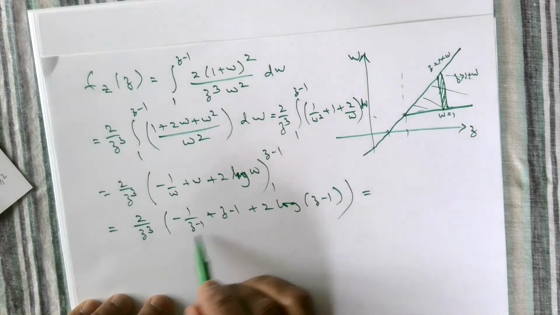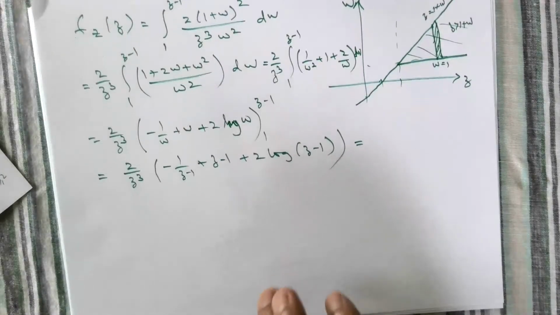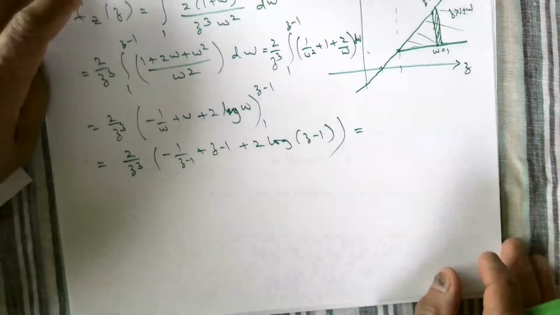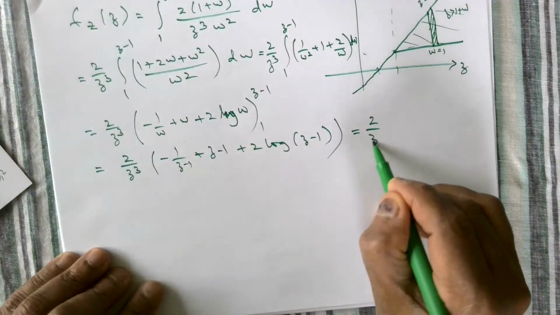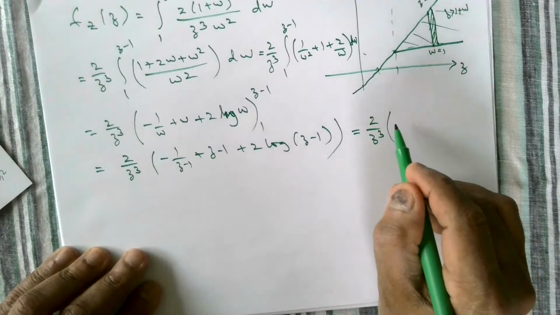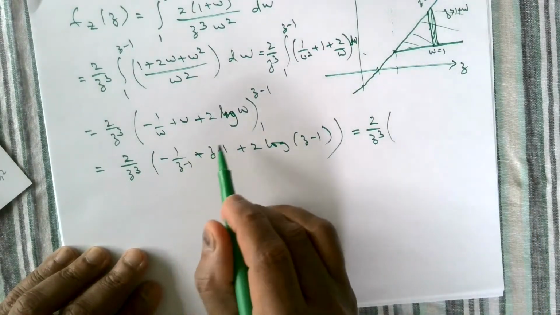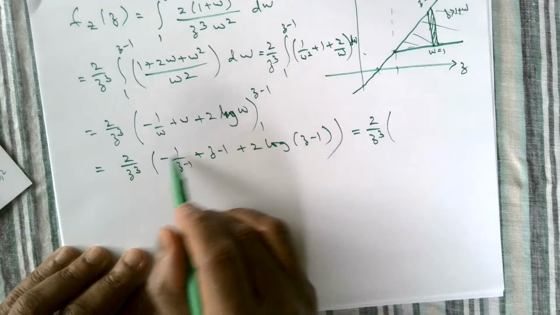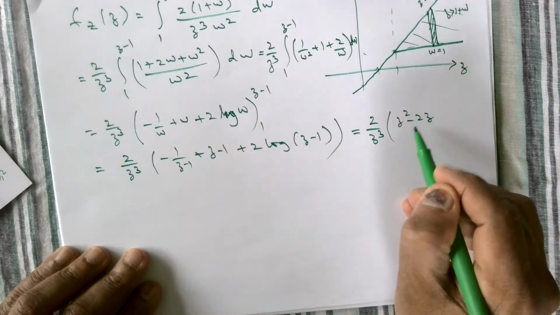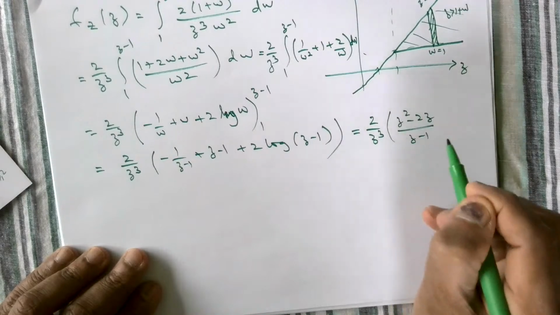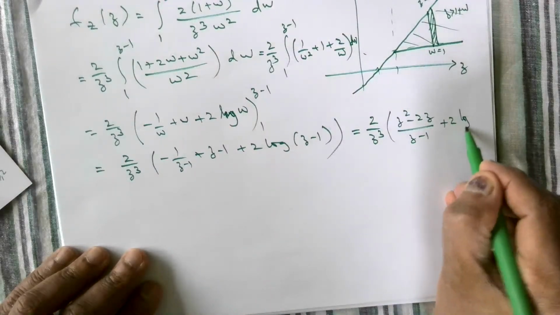So if I combine the first two terms, this comes 2 over z cubed. This becomes (z minus 1) the whole squared minus 1 over (z minus 1). When I expand, with this minus 1 cancel, this is (z squared minus 2z) over (z minus 1) plus 2 log (z minus 1).